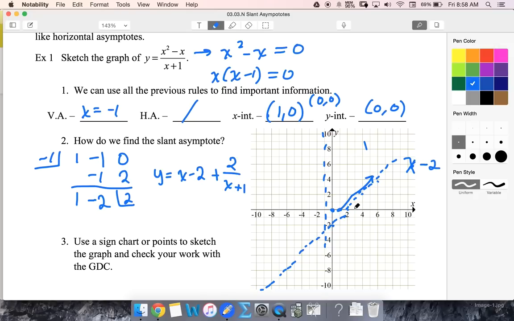So going this direction. And now thinking about x getting closer to -1 from the right side. So I'm thinking about my limit as x is going towards -1 from the right side. Well, -1 from the right side plus 1, that's going to be a positive number.